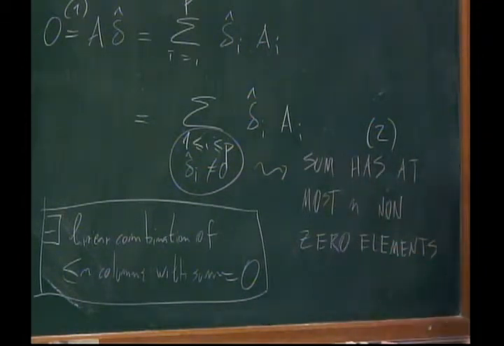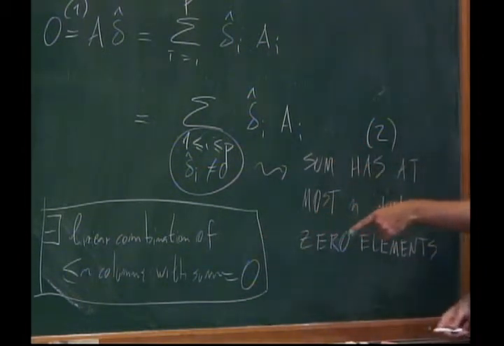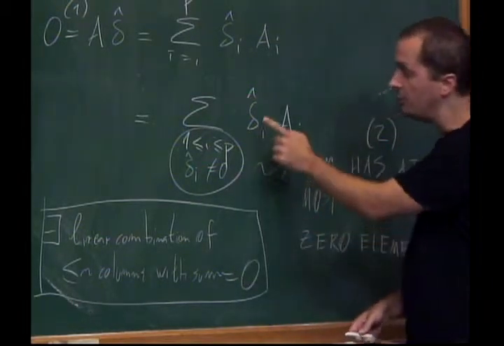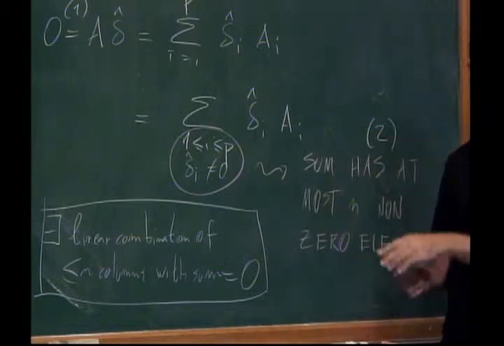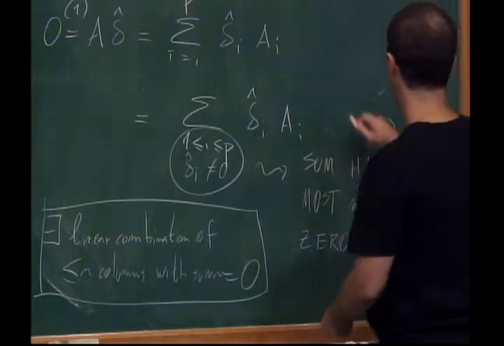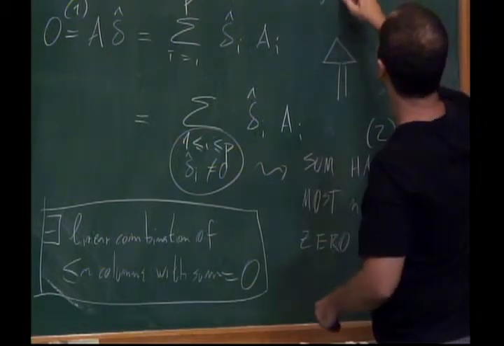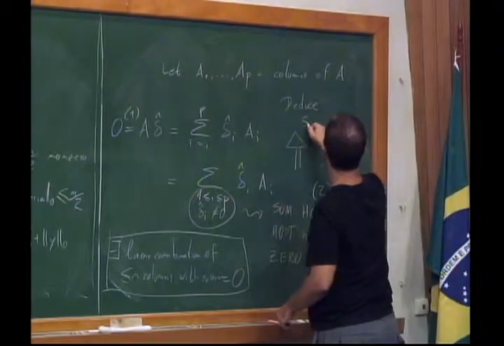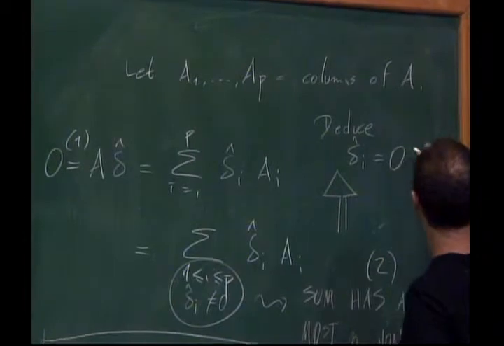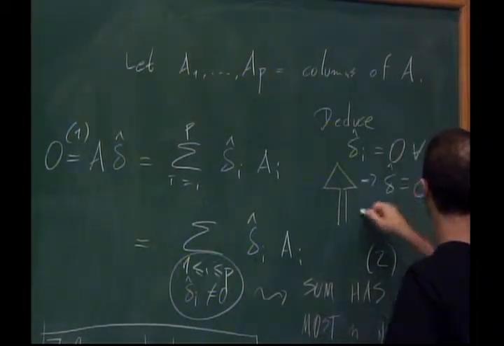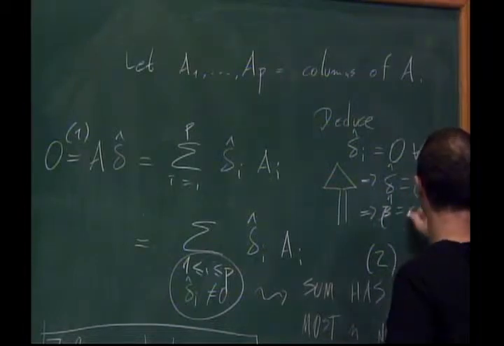It means that this can only be true if these coefficients are all 0. So from all of this we deduce that delta hat i equals 0 for all i, which means that delta equals 0, which means that beta hat equals beta min.